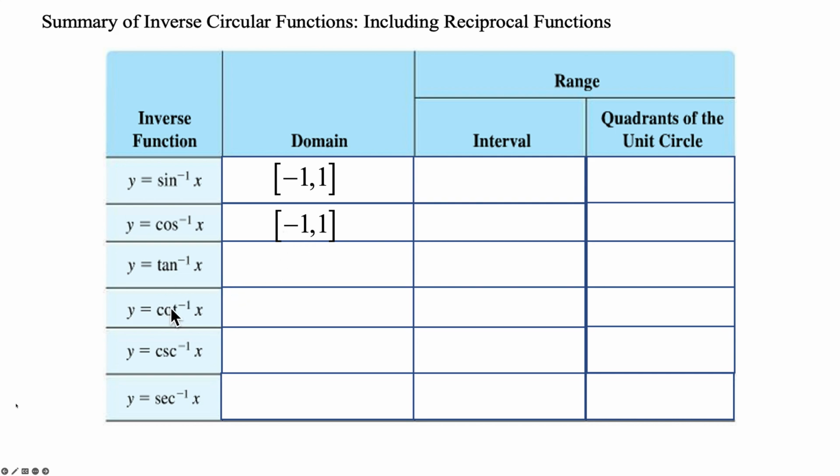Tangent and cotangent both had a range of -infinity to infinity, so that's now the domain of the inverse tangent and inverse cotangent. And as we saw with our cosecant and secant curves, they started at +1 at the bottom of our parabola and went up to infinity.